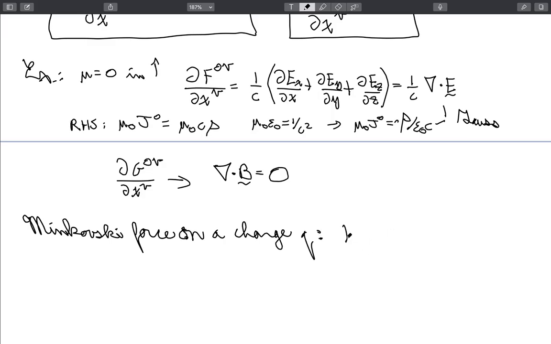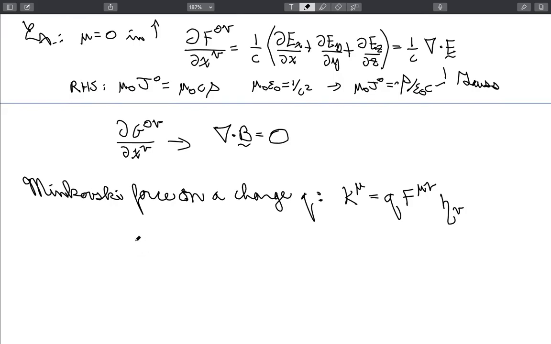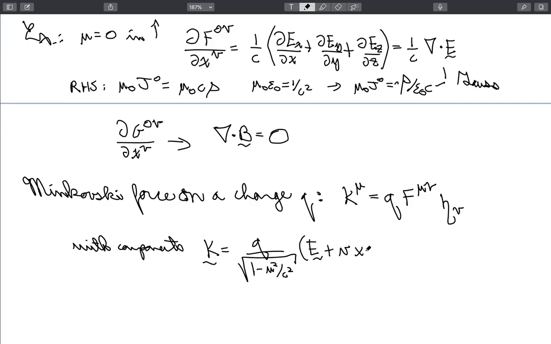This Minkowski force takes the form now of 4-vector K^μ equal to Q F^{μν} u_ν, in terms of the proper velocity, okay, and essentially with components K equal to Q over, again, I'm just using the proper velocity factors here, and then I have E plus u cross B, sorry, u.